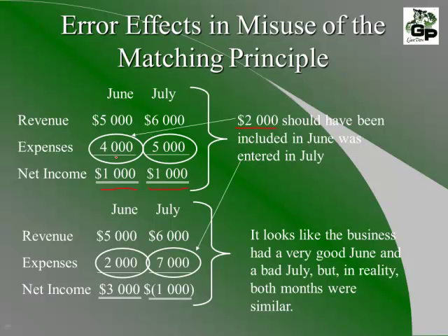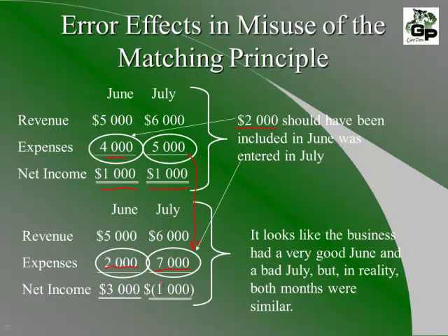So they think, well, if I paid it in July, I should record it in July. And so here's what happens. This $4,000 that you see up here that is correct was reduced to $2,000 because they did it incorrectly. So that $2,000 that they took from June is now added on to the $5,000 that was originally there to make it now $7,000 in July in the incorrect section.